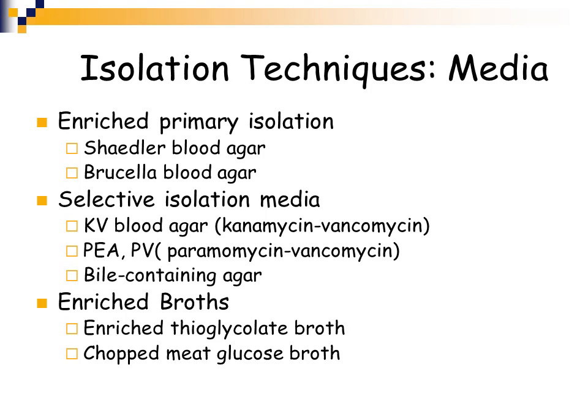These are all selective media that are going to select for certain types of organisms. You can also use broths. So you can use thioglycolate broth, which is a nice general broth that allows a variety of organisms to grow. Aerobes, anaerobes, so thioglycolate is a nice general broth. And there's also a very rich broth called chopped meat glucose broth that some of the Clostridium organisms like to grow in.